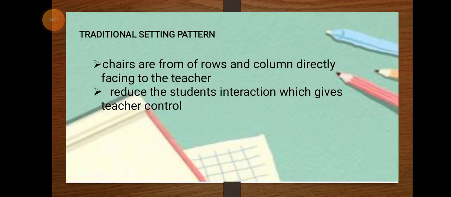In the traditional sitting pattern, chairs form rows and columns directly facing the teacher. It reduces the students' interaction, which gives teachers control. Their attention is on the teacher, and they don't look around because the teacher is in front of them.